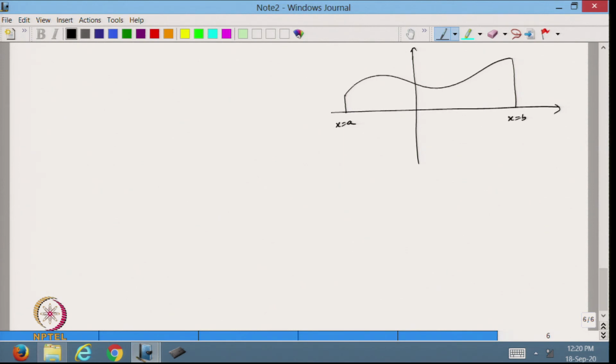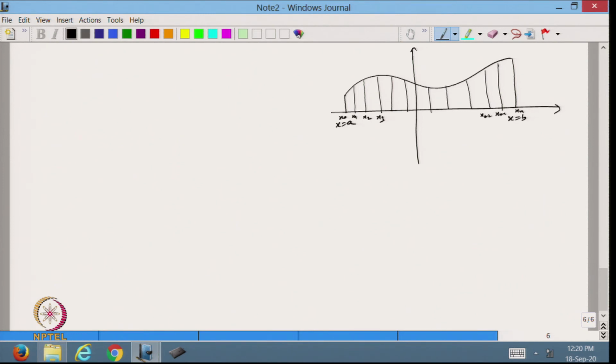Now, I split this into subintervals with the nodal values. So, this is my x0, x1, x2, x3, xn minus 2, xn minus 1, xn and so on.